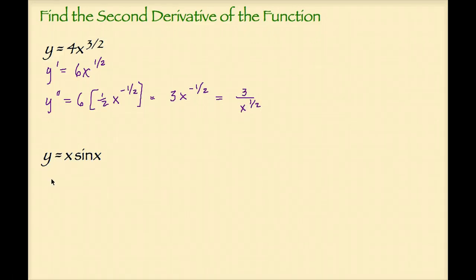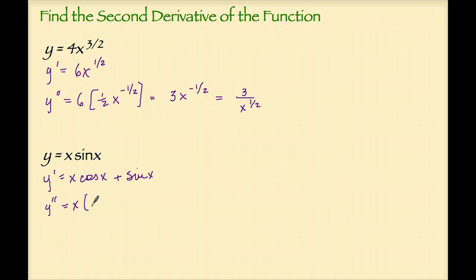Now for the second function, we are going to have to use the product rule. So we'll have y prime is equal to the first function times the derivative of the second, plus the second function, sine of x, times the derivative of x, which is just 1. In the second derivative, we will have to use the product rule for this first term, so it will be the first times the derivative of the second.